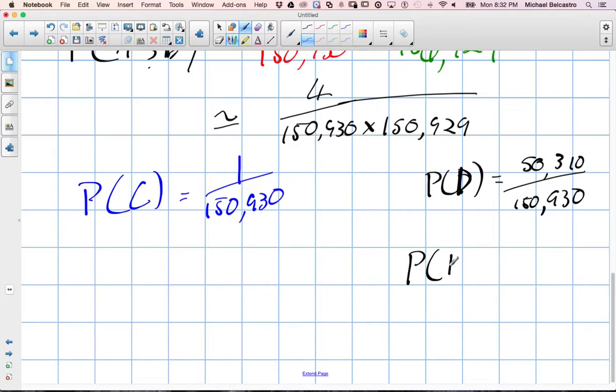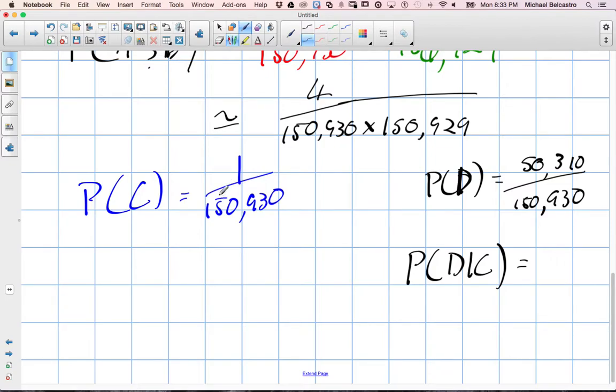Probability of D given C. What is your probability that you win a prize if you've already won the VIP? It's a weird idea. What's the probability that I win any prize, given that I've already won the VIP prize?